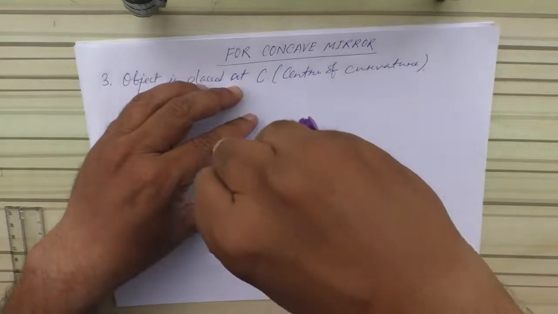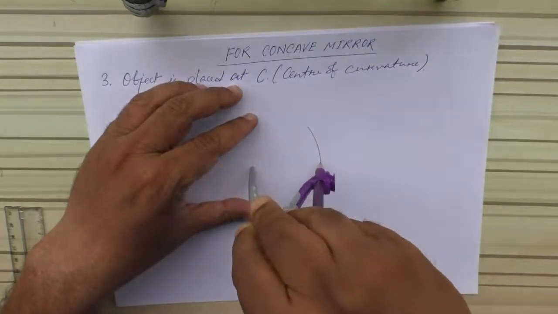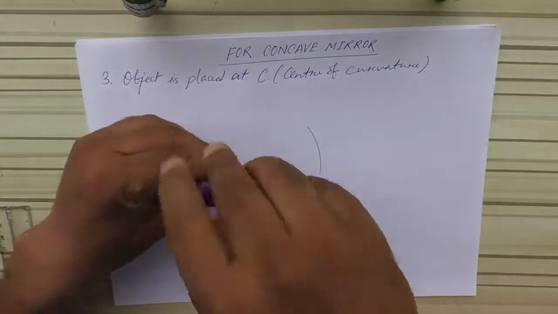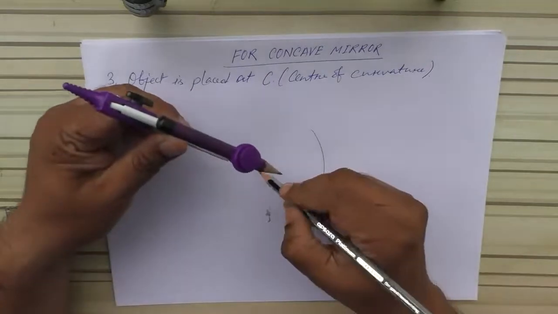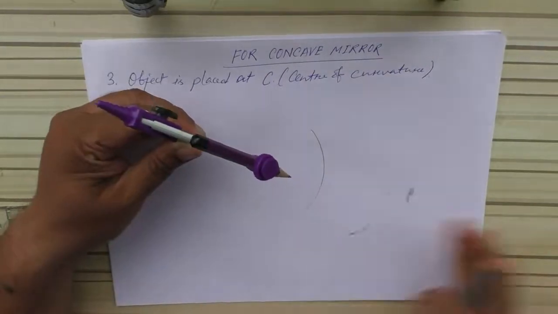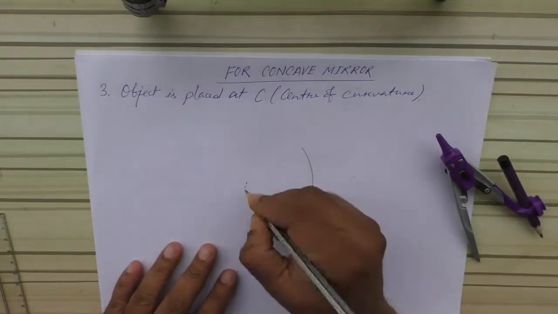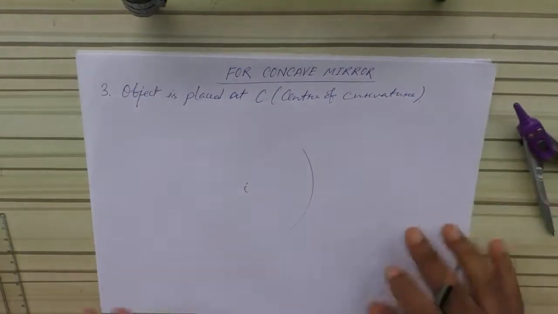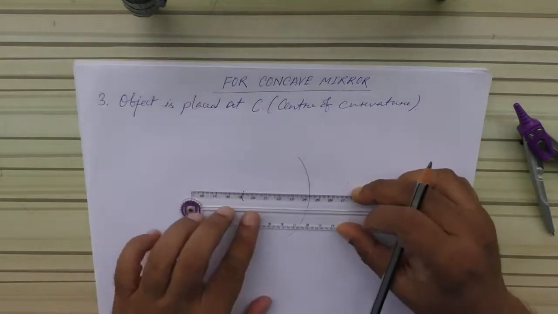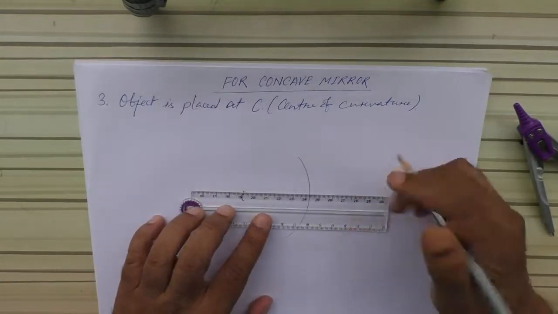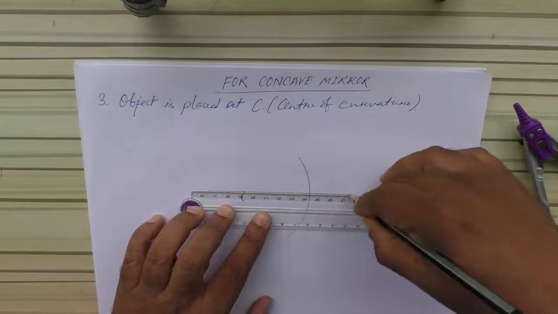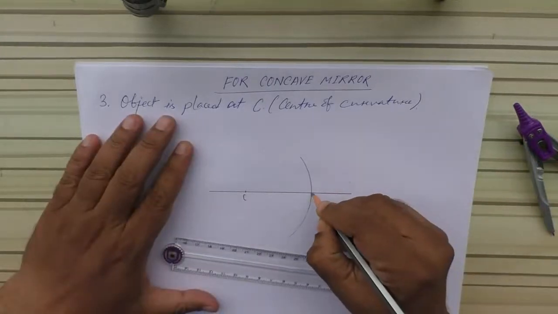This is the mirror, concave mirror, and this point we can mark, this is center of curvature. Measurement is important here. And this principal axis, and this is pole.